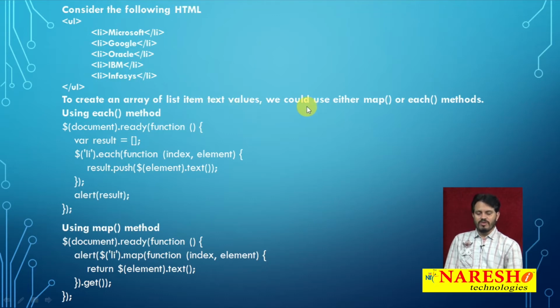So we have two options. We could use either the map method or the each method. But I told you that for this result, it is preferable to use the map method.